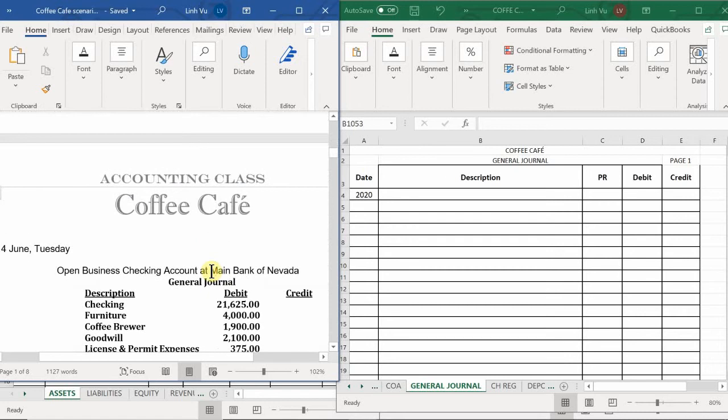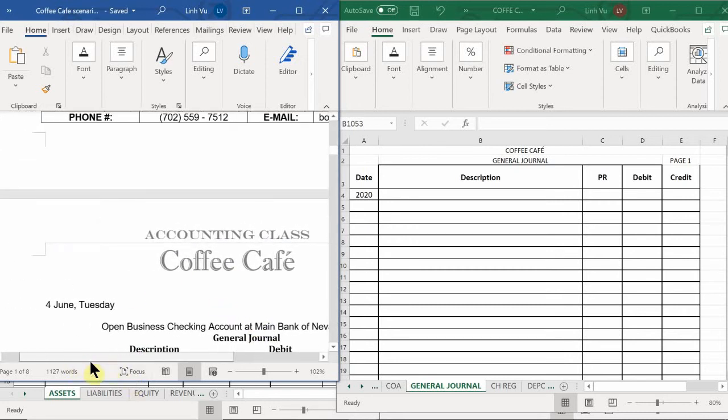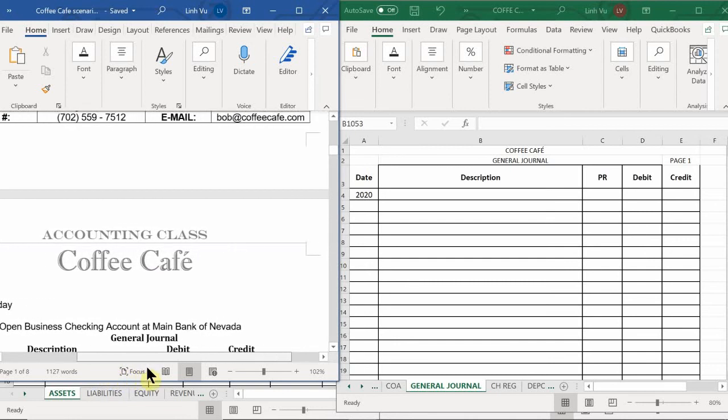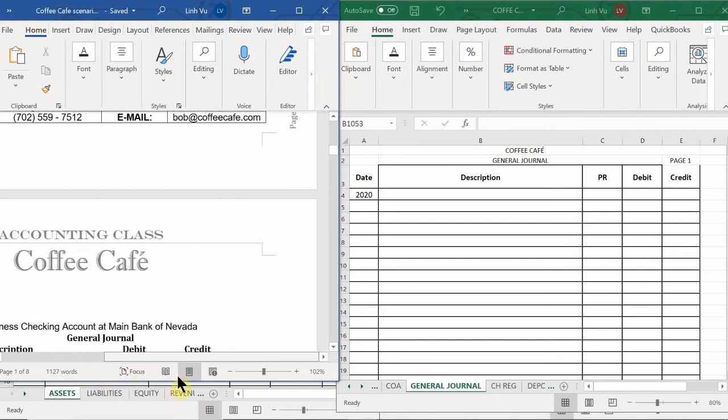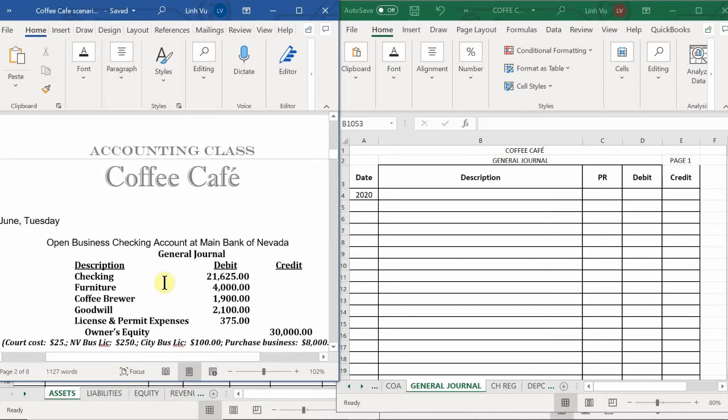So then that very same day, I decided to open up my business checking account at the Main Bank of Nevada. Now that I'm opening my main bank in Nevada, here is the list of things that I've spent, but at the same time, this is how much money I have left.